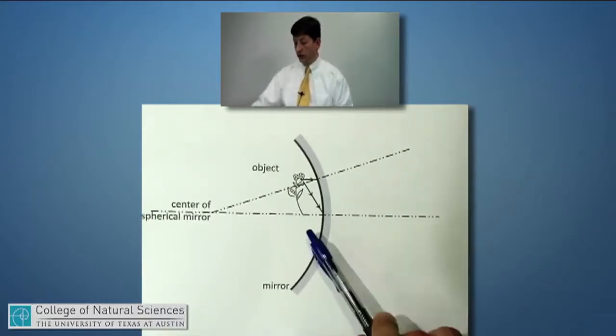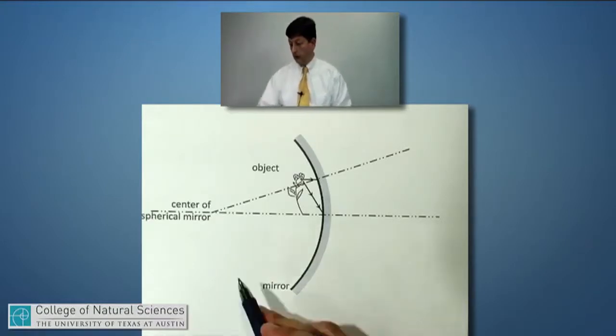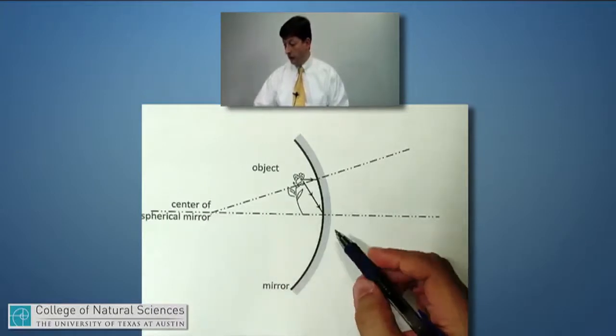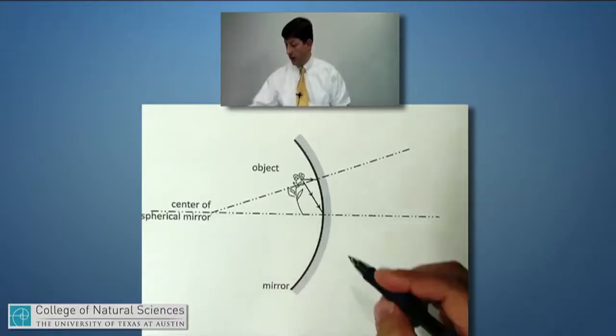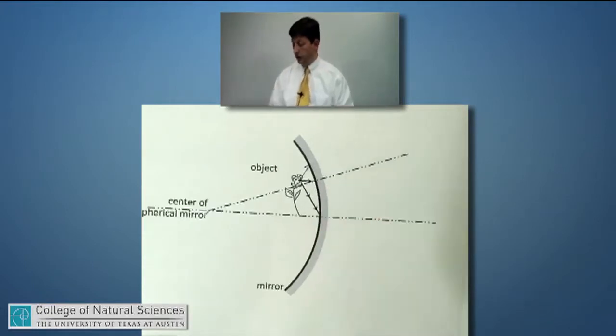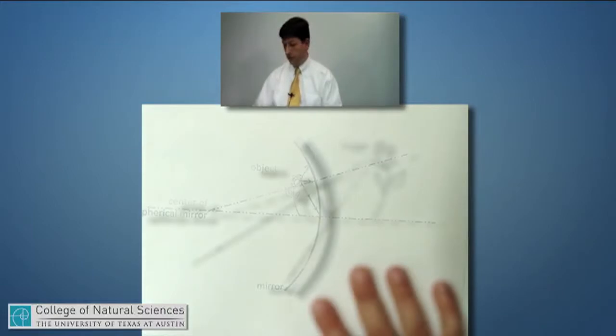If we put our object very close to the mirror, like in this picture, and the center of curvature is way back here, and we were to draw, again, examples of light rays coming into the mirror at different angles, like so, and again draw perpendiculars along those parts of the mirror and extrapolate them back to the point where they would meet, our picture would look like this one.